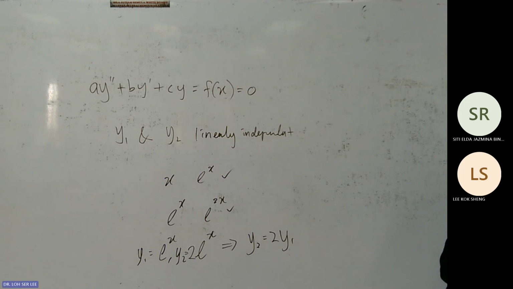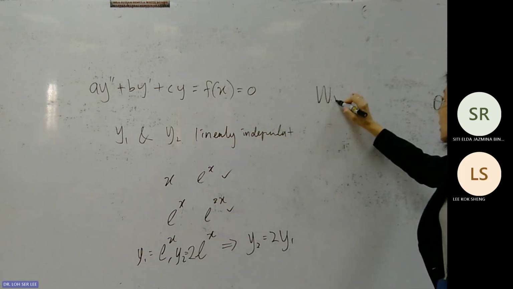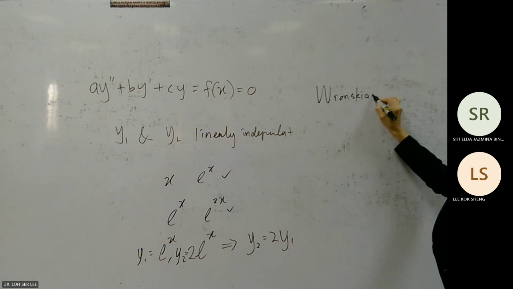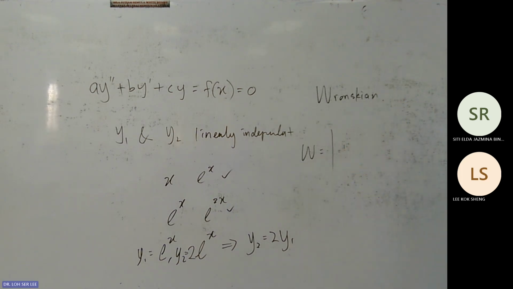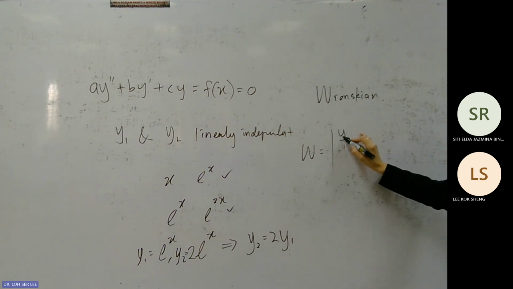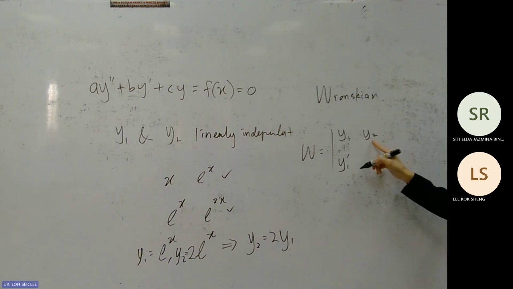There is a way for us to check whether y1 and y2 are linearly independent or not. That is the Wronskian function, which we denote by W. We put y1 here and y2 here, and we differentiate y1 with respect to x to get y1 prime, and differentiate y2 to get y2 prime.